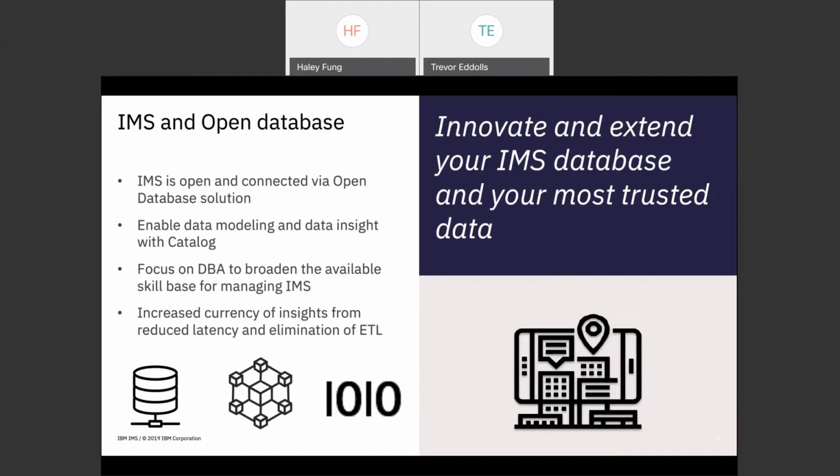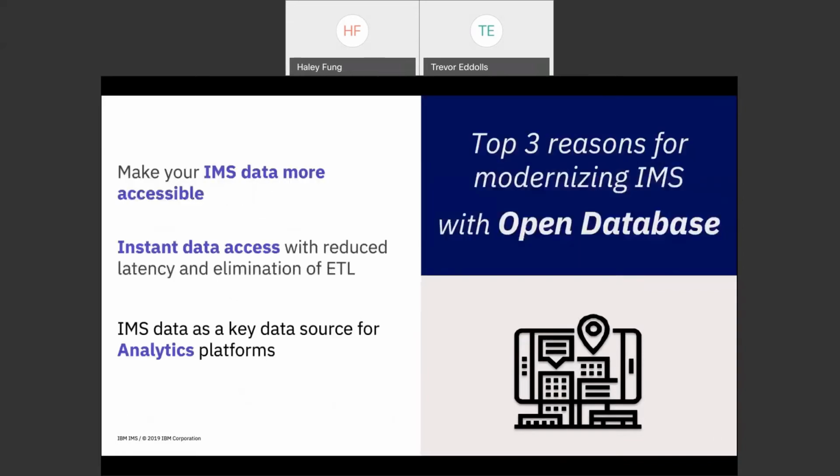And so we do provide a solution, again, many years ago. And a lot of the use cases, I would say, fall into three key use cases, right? Making your IMS data more accessible, because traditionally you can only access your IMS data through a transaction, whether it's a CICS transaction or an IMS transaction.